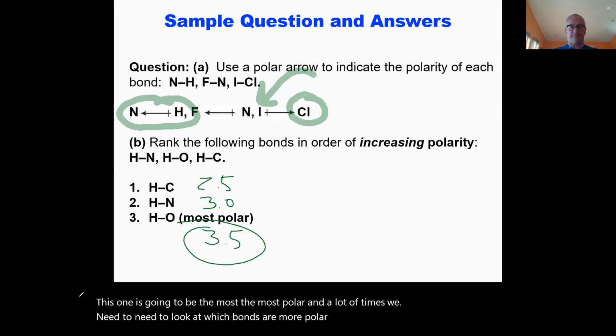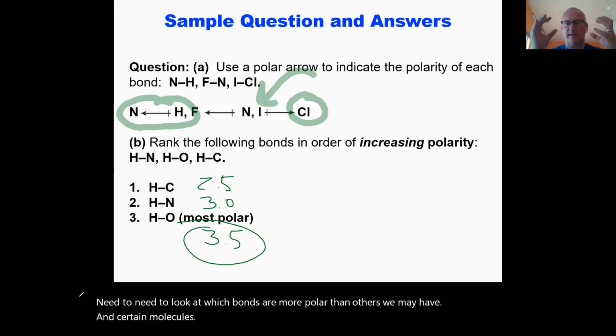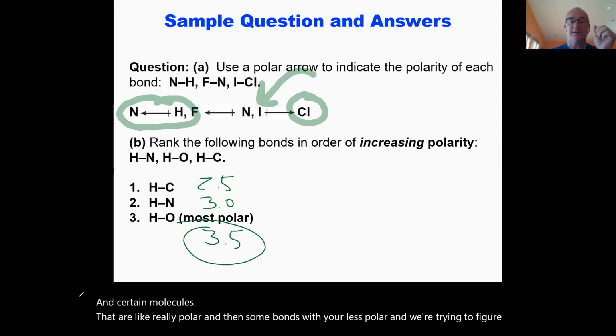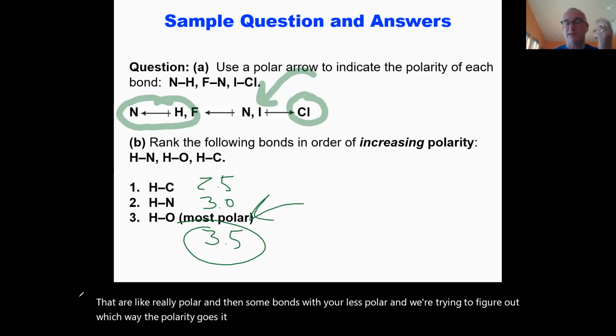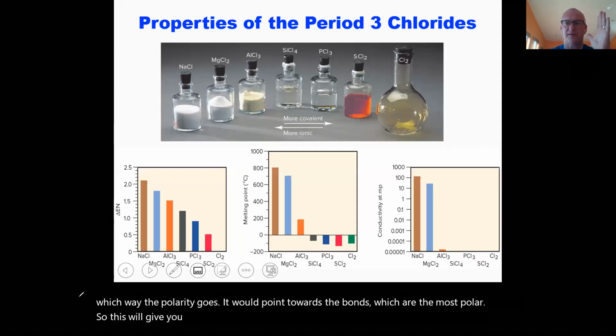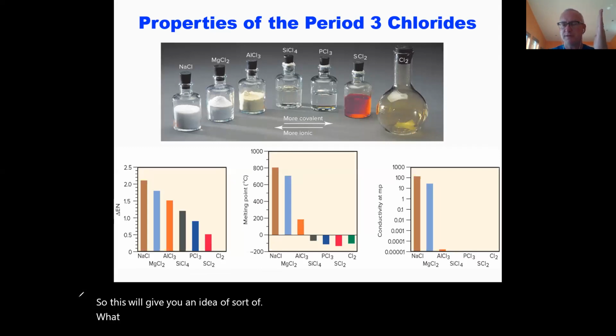We may have, in certain molecules, some bonds that are really polar, and then some bonds which are less polar. And when we're trying to figure out which way the polarity goes, it would point towards the bonds which are the most polar. Okay.